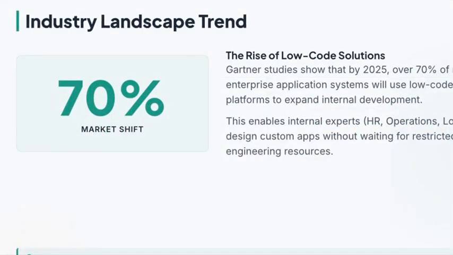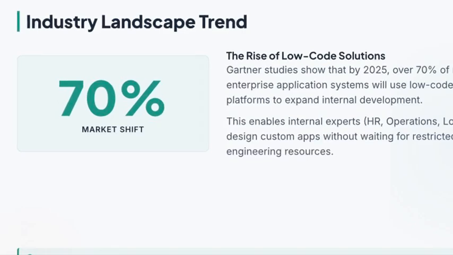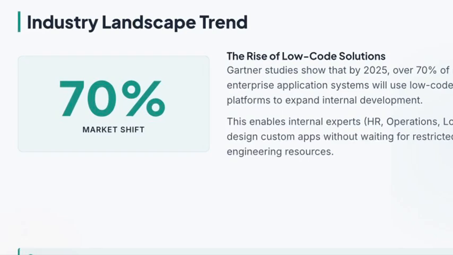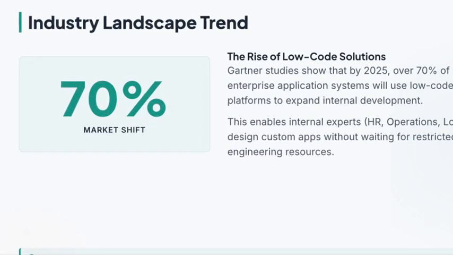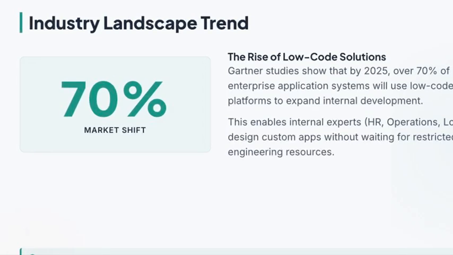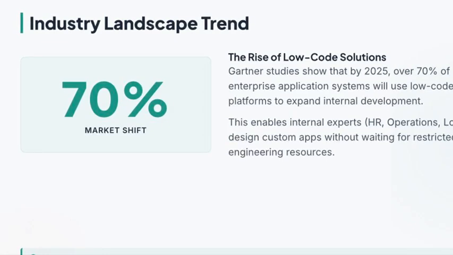So you might ask yourself, is this no-code trend just a temporary buzzword, or is it a permanent shift in how enterprise software is built? According to studies by Gartner, by 2025 over 70% of new enterprise applications will be constructed using low-code or no-code platforms. This is up from less than 25% in 2022. Why is this happening?